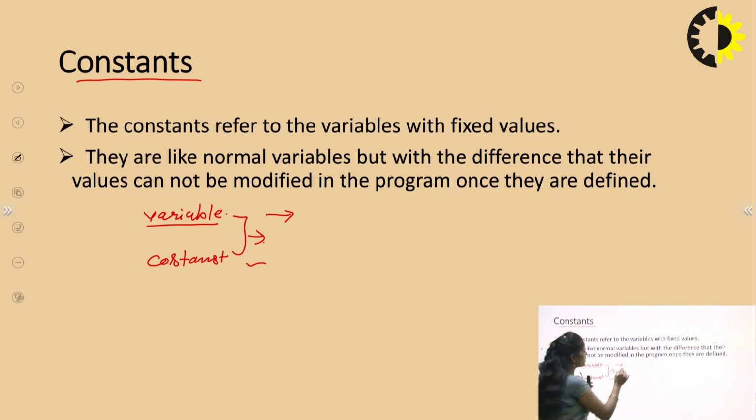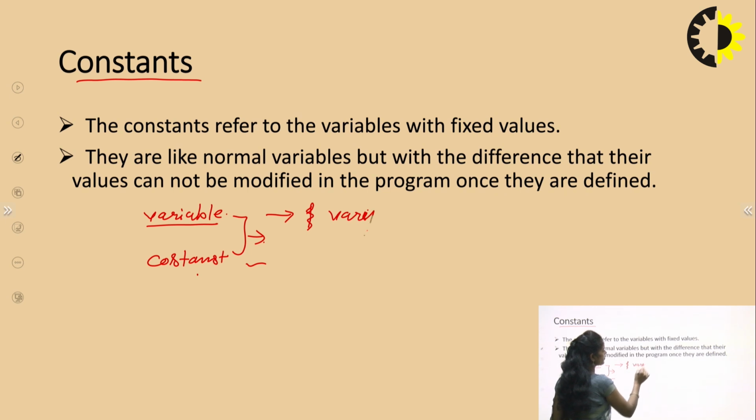So a variable is always in a variable form, like the value of the variable varies. That means it's not of a fixed nature, right?